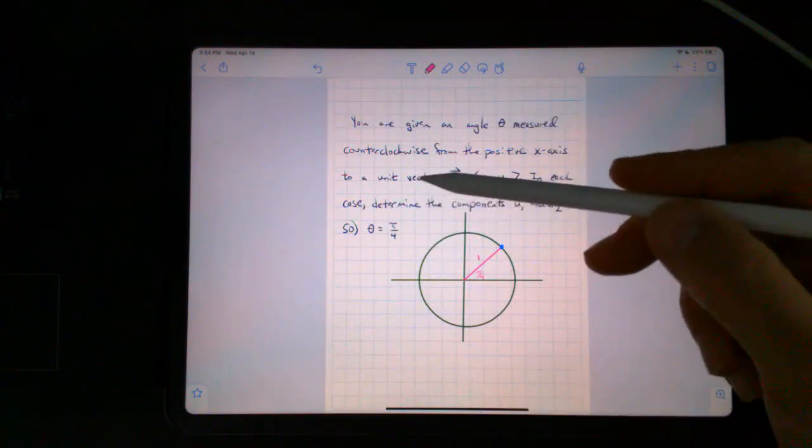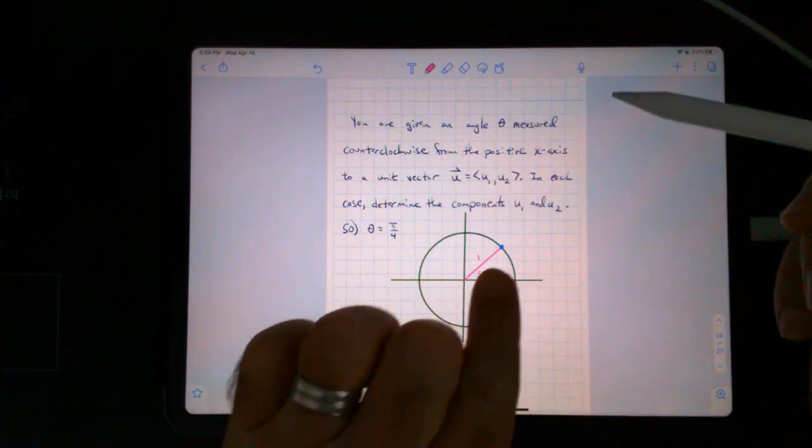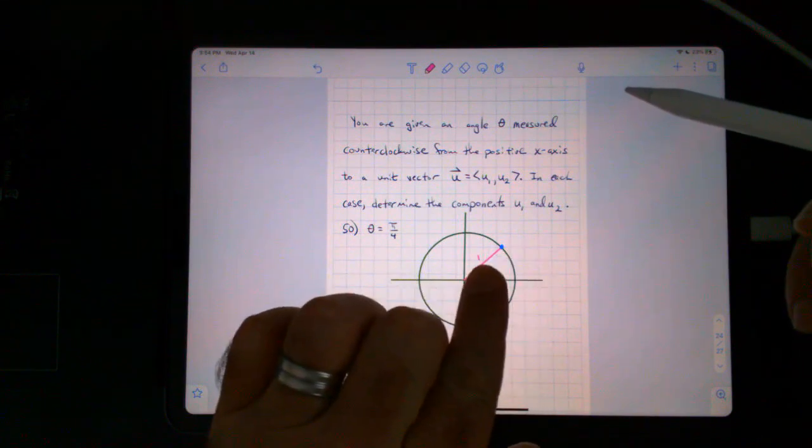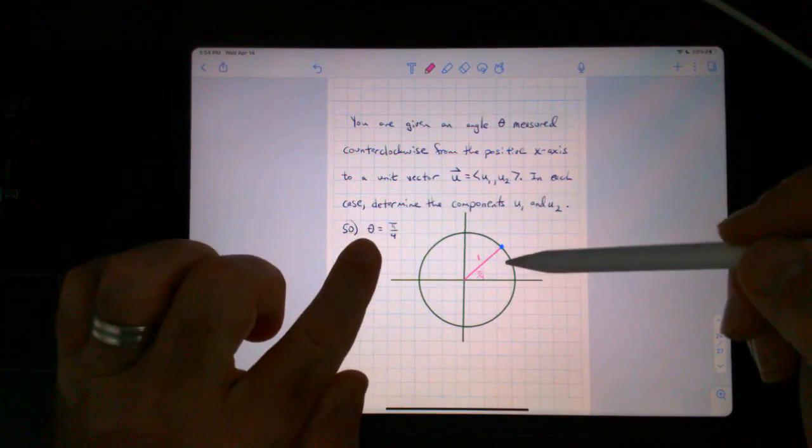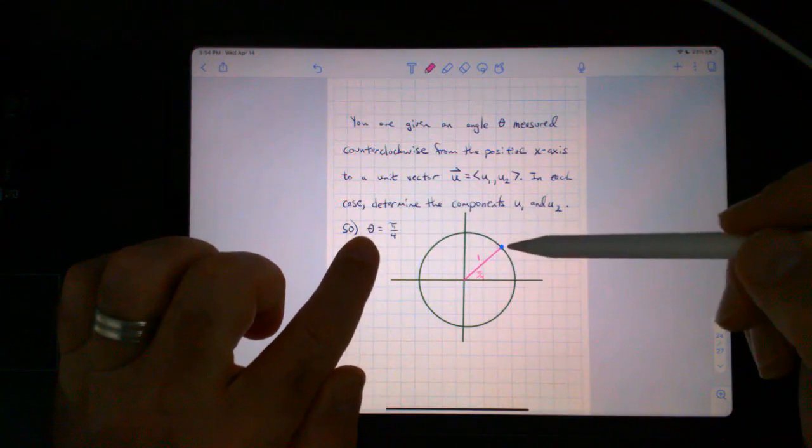This is saying that you have the unit vector, you have a hypotenuse of 1, a radius of 1, you have the unit circle. When theta is pi over 4, what are the coordinates of this point? What are u1 and u2?